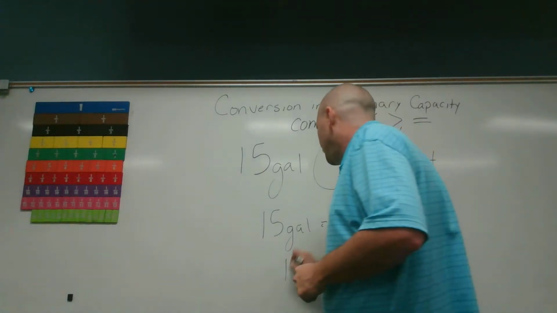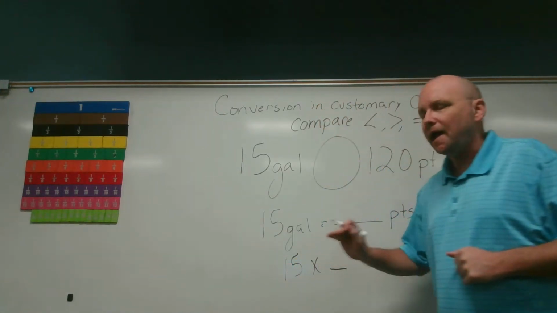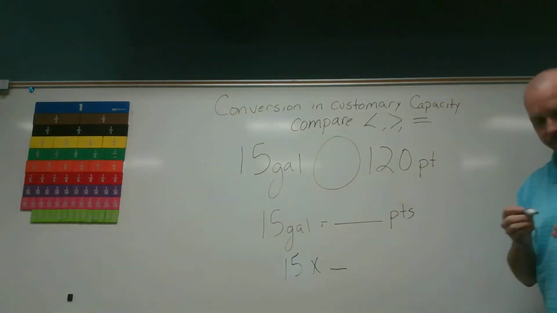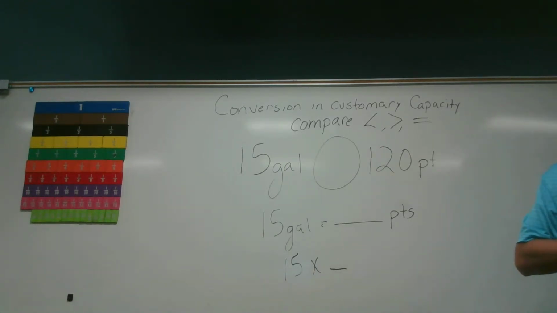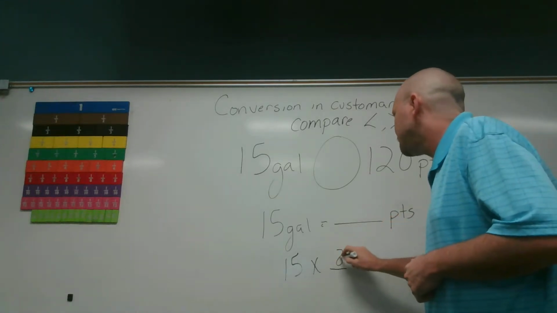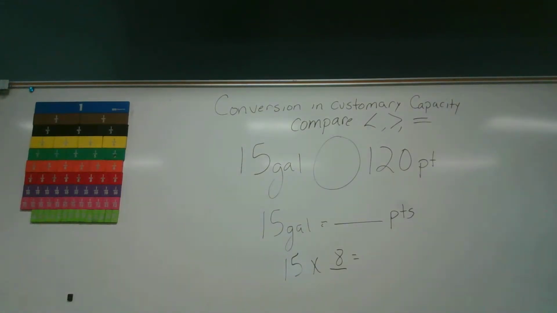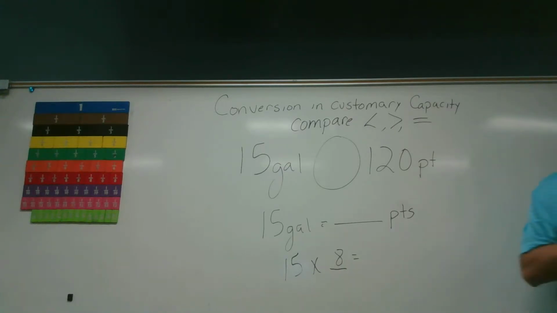So, 15 times what? How many pints are in 1 gallon, Phoenix? You have your big G thing you can look at. Eight. So 15 times 8 equals what, Phoenix? 12.